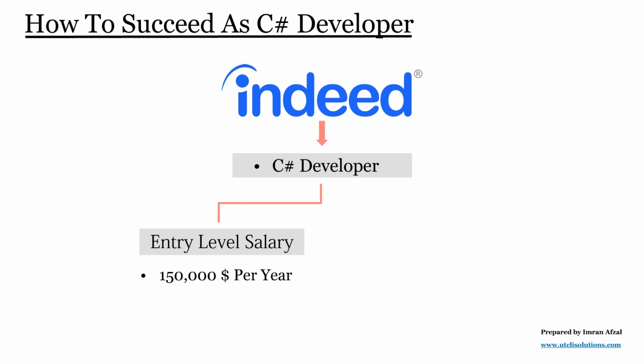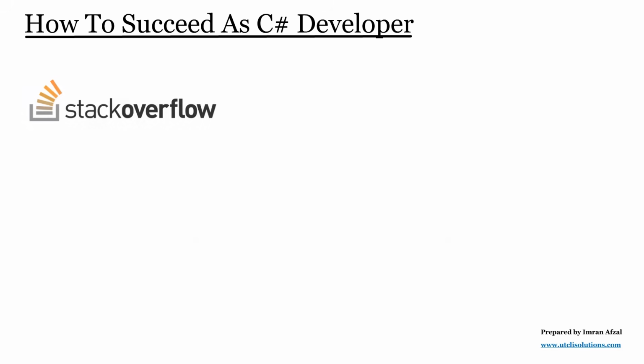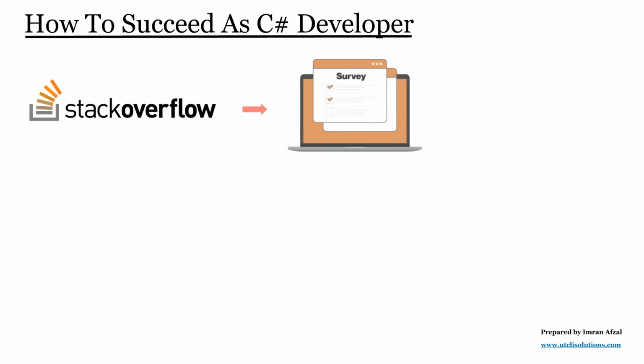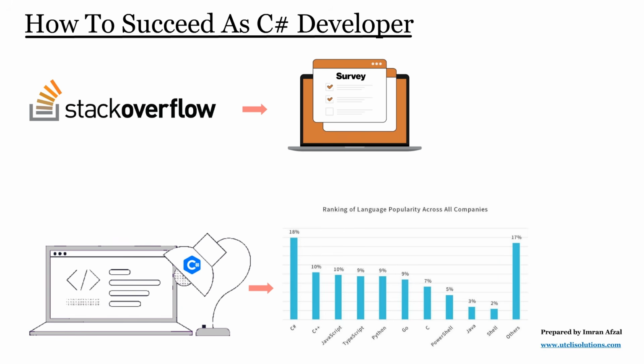Sweet, with potential for significant growth as experience and skills increase. Now, salaries can reach up to 200,000 plus per year for experienced C Sharp developers. According to Stack Overflow, which conducted a survey in 2023, C Sharp consistently ranks amongst the most popular programming languages.